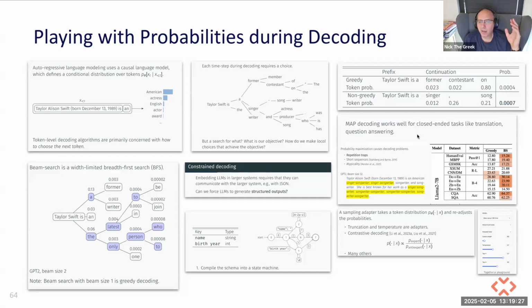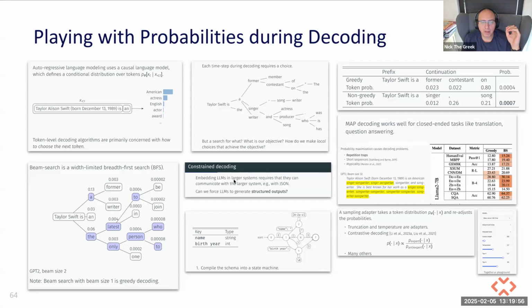And it turns out that this is called MAP, maximum a posteriori probability decoding, which works well for closed-ended tasks like translation or question answering. So that's a strategy which has specific uses.